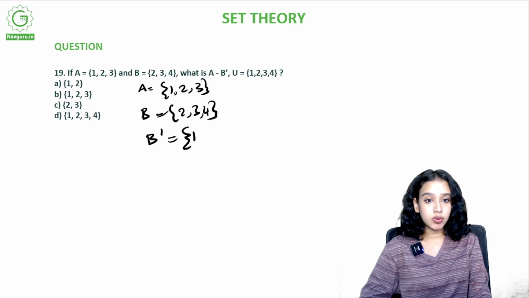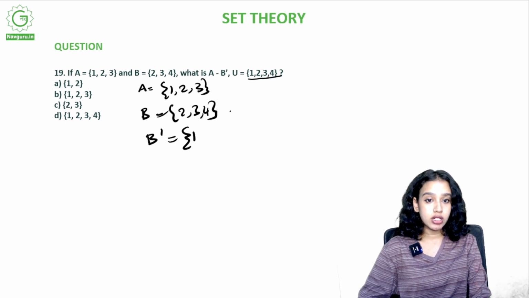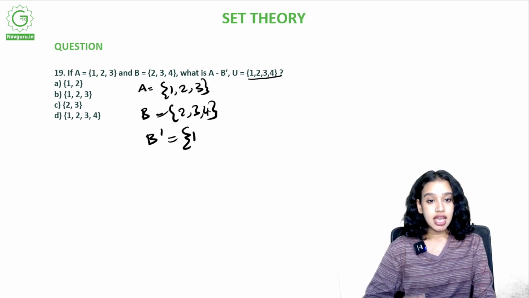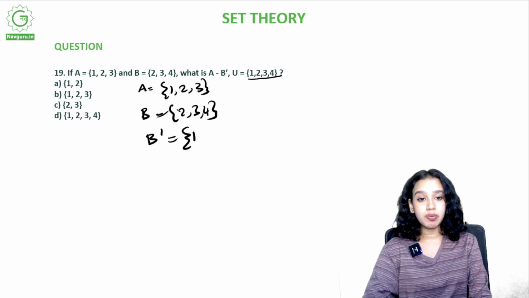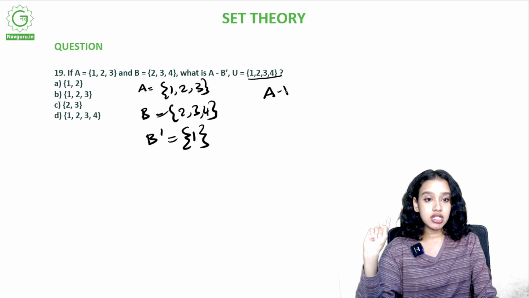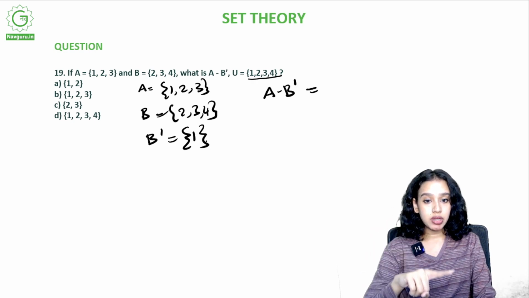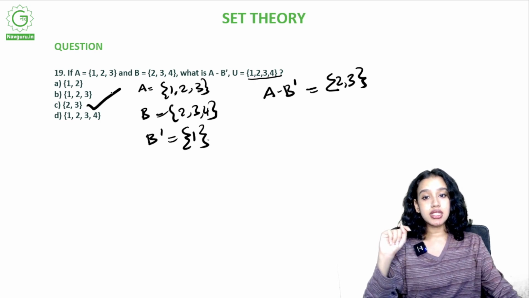B complement is 1. Why? Because 1, 2, 3, 4 is the universal set, and the thing which is not there in B but there in U is 1, right? Now we have to do A minus B complement. So we subtract B complement from A and we'll get 2, 3. So 2, 3 is the answer.